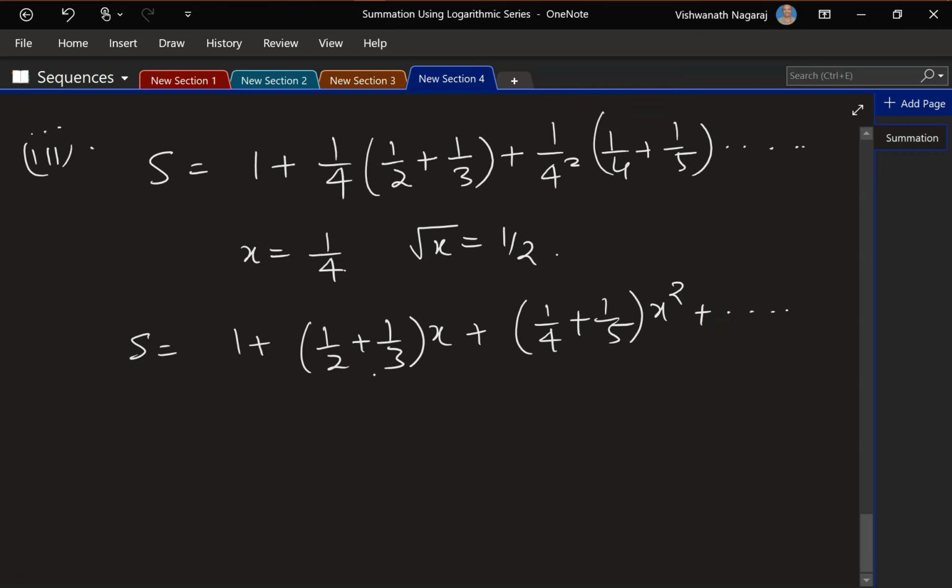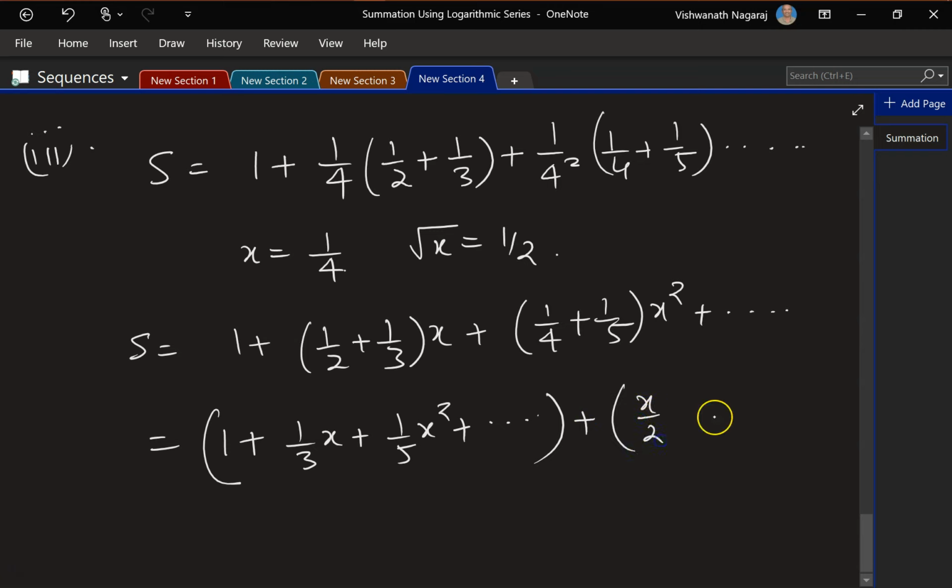Now what we can do is split it up into two separate series. So 1 plus, in one series we take all the odd denominators, right? So 1 by 3 x plus 1 by 5 x square and so on. And in the other one we take all the even numbers.